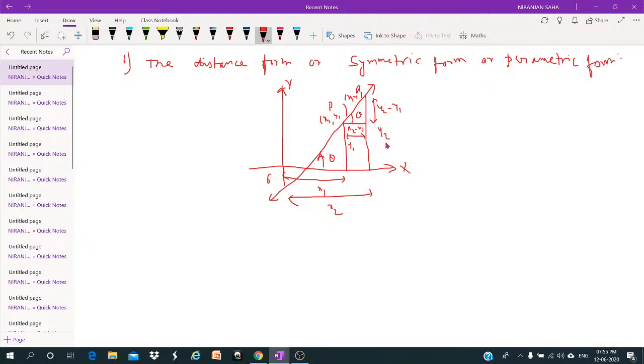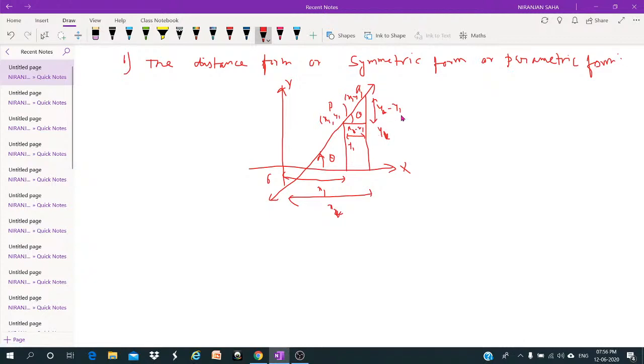Sorry, this is not y2, this will be just y. I have taken the coordinate x, y, and this is just x. So this will be x minus x1, and this will be y minus y1.